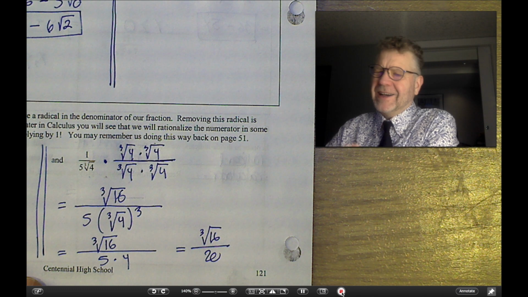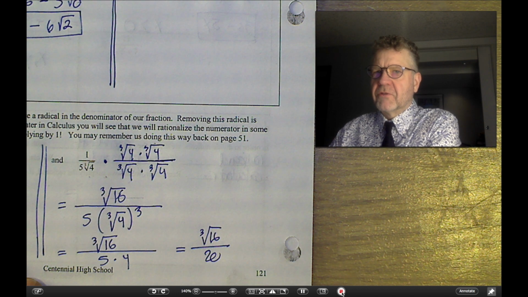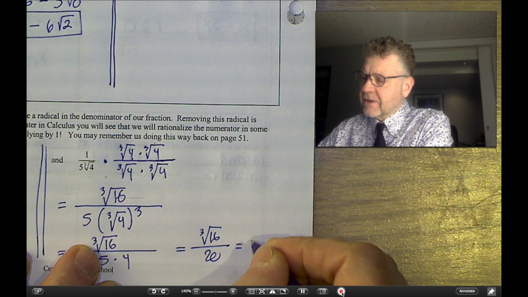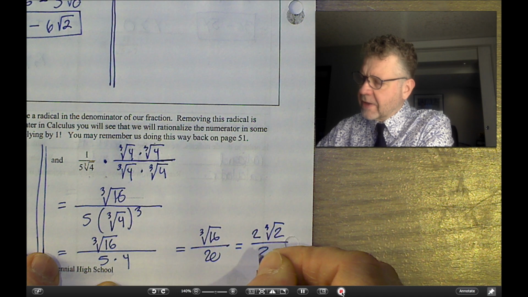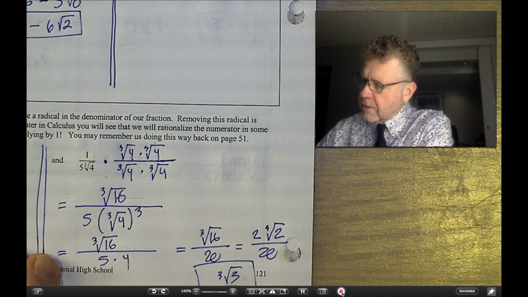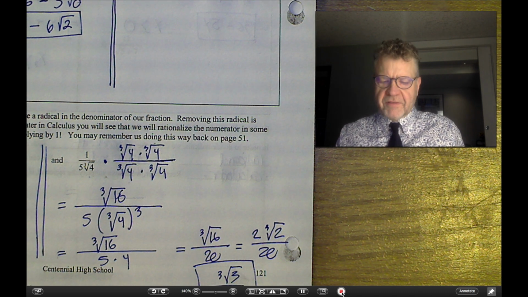And let's take it one more step further here. Is there a perfect cube hidden in the 16? 2 times 2 is 4, times 2 is 8. Yes, there is. So this would be 2 cube root 2 over 20, which is the equivalent of cube root 2 over 10. Boom. Now that is kind of difficult and kind of tricky, isn't it?